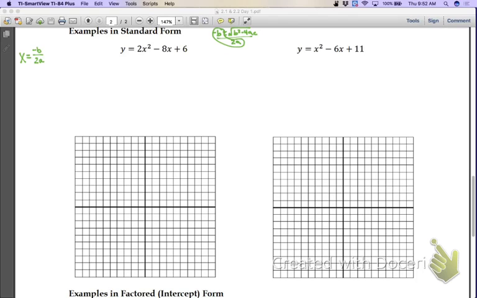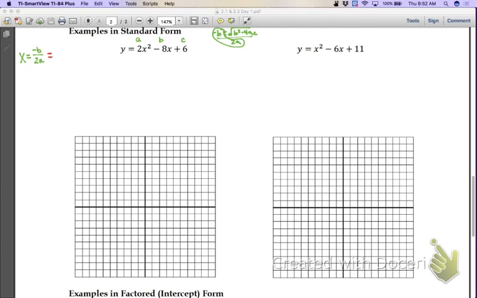Okay. So remember, just like we did before, a is 2, b is -8, c is 6. So if I want to find my vertex, what's the opposite of b? Or what's the opposite of -8? Positive 8, right?